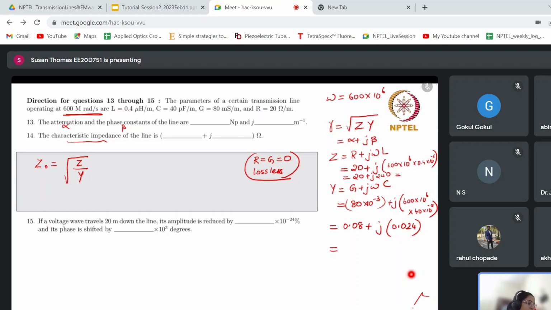So once you convert it to polar, gamma is equal to root of Z into Y. So you need to multiply the polar numbers and take a square root of that.